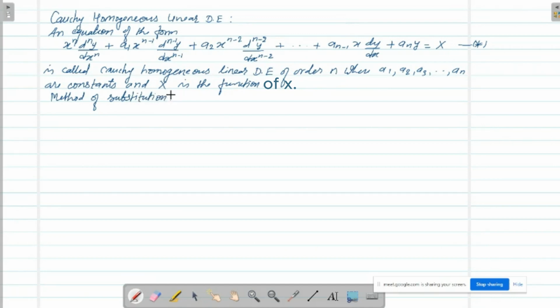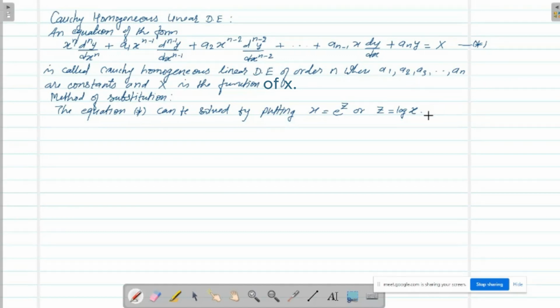So the equation star can be solved by putting x equal to e raised to z, or this can also be written as z equal to log of x.